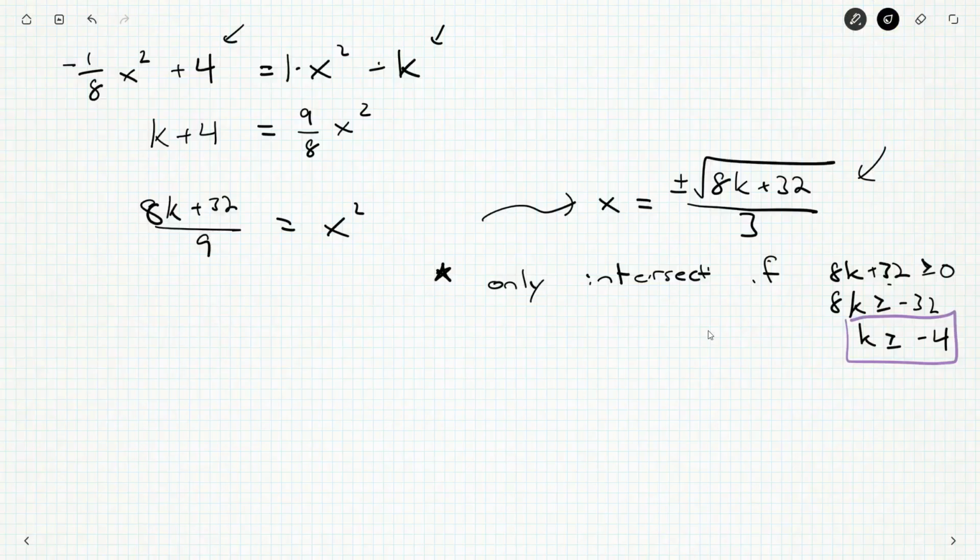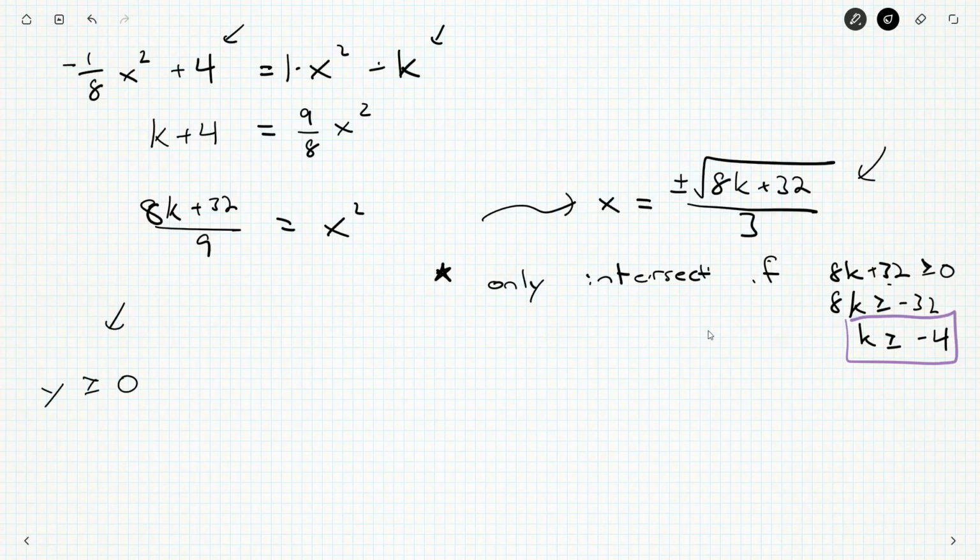So, assuming we have an intersection, so assuming k is greater than or equal to -4, we can get these x values. They're where we're going to intersect. But then what is the y value? The y value needs to be greater than or equal to 0, and this is going to be the start of our next condition. Otherwise you're not intersecting on or above the x-axis.